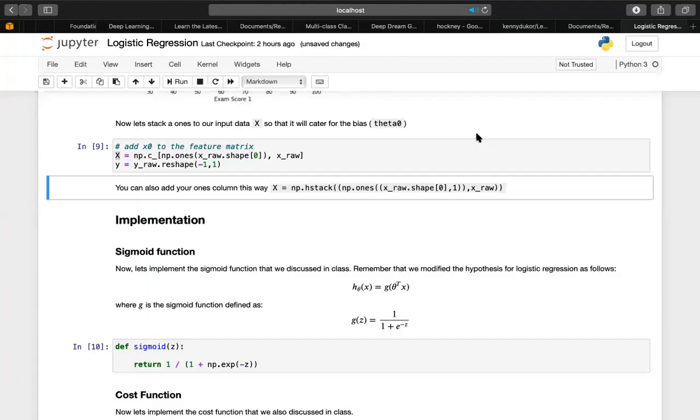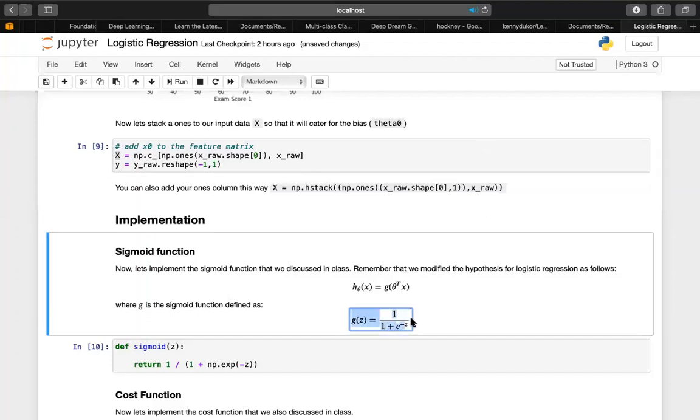So remember that it is 1 over 1 plus e raised to the exponent of the negative of a value. This is the formula we saw in the class and in the slides before. So for you to use logistic regression, if you're going to make a prediction, h of x is basically your g of this.